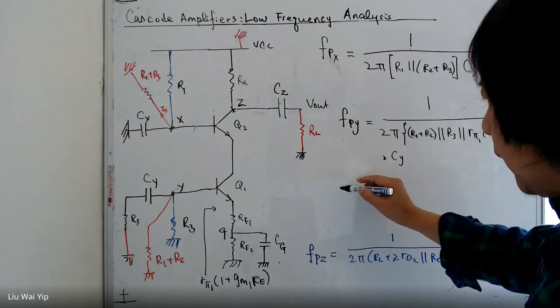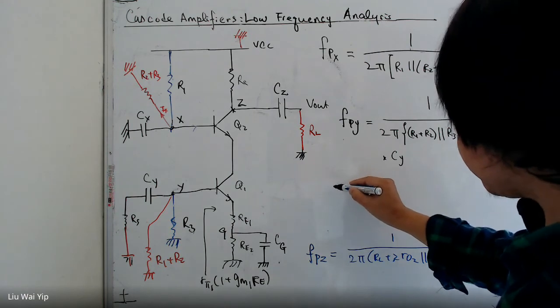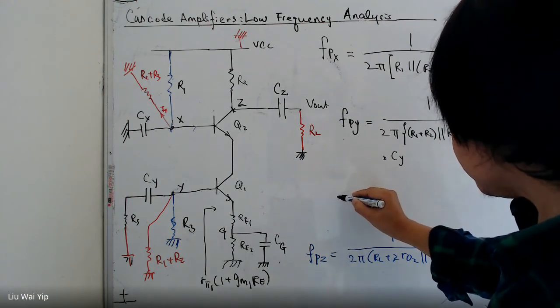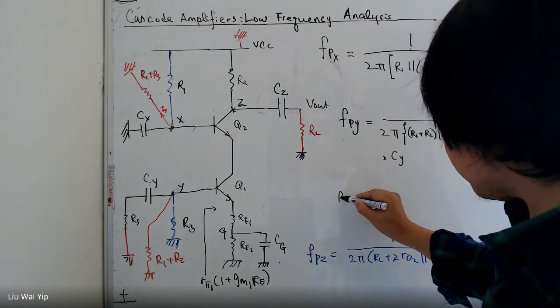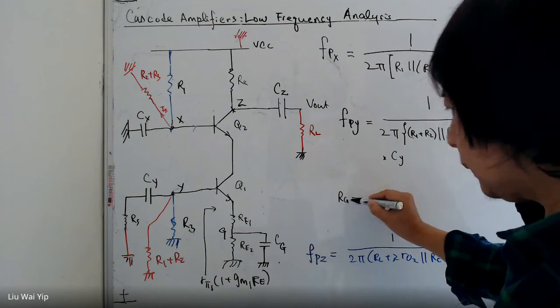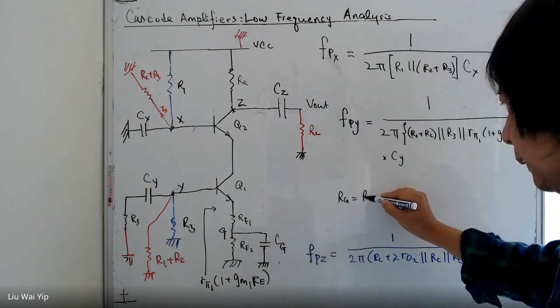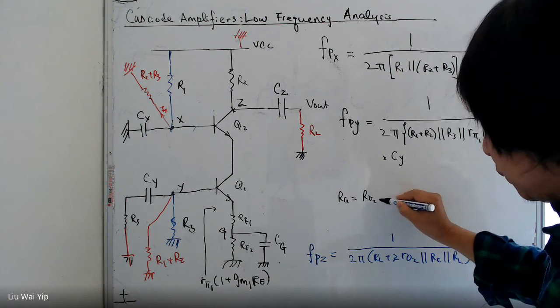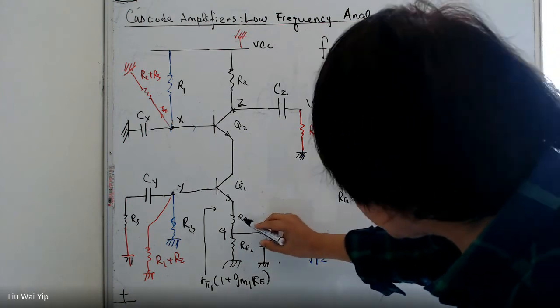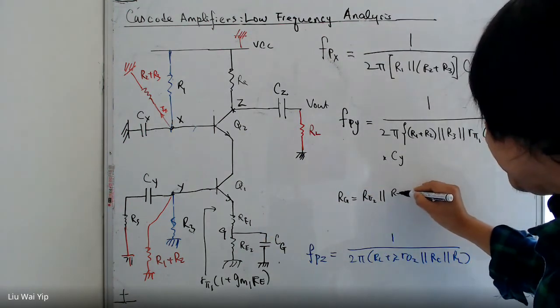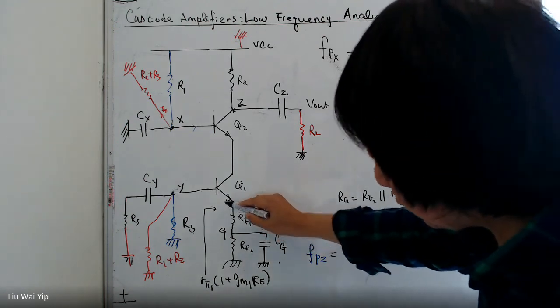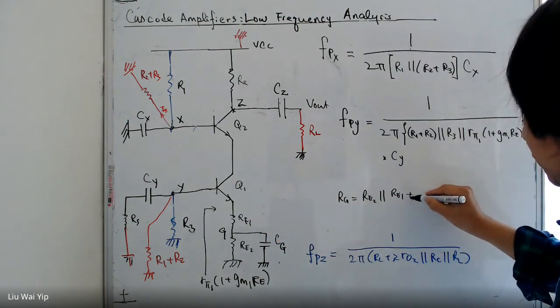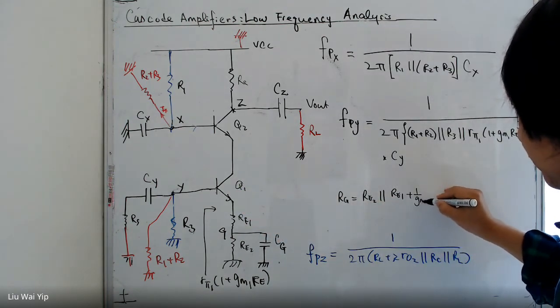So RG is RE2 in parallel with this one, RE1. And do not forget that we have this resistance here, 1 over GM1.